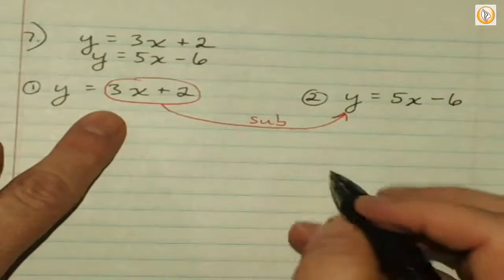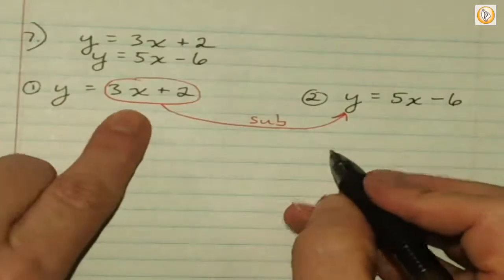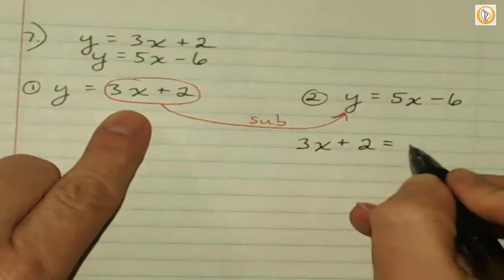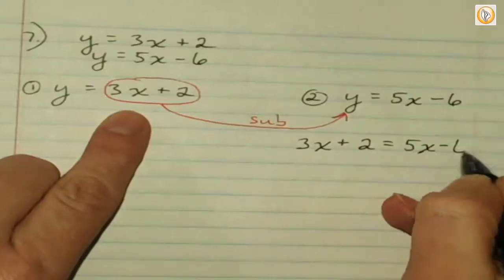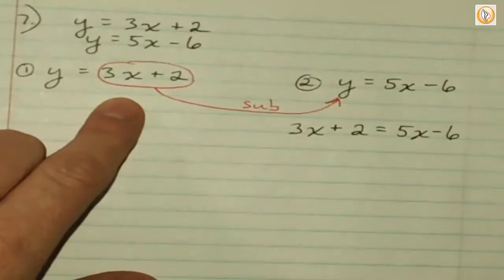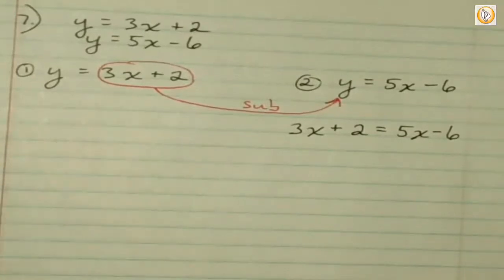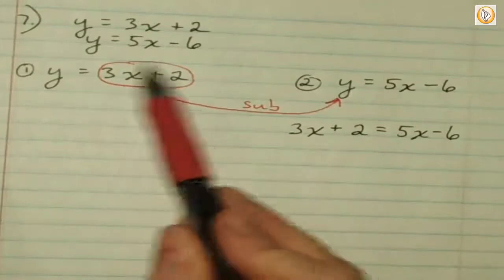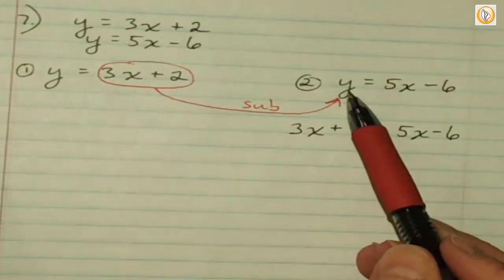So watch what it looks like when I rewrite it. It's going to be 3x plus 2 equals 5x minus 6. Do y'all see that? So I don't want to move any further until y'all see what I did. Does that make sense? You see that? That I took what this y is equaling and I replaced that one.